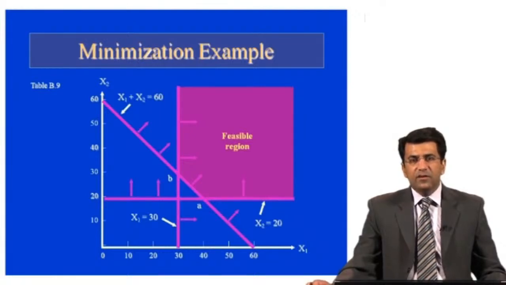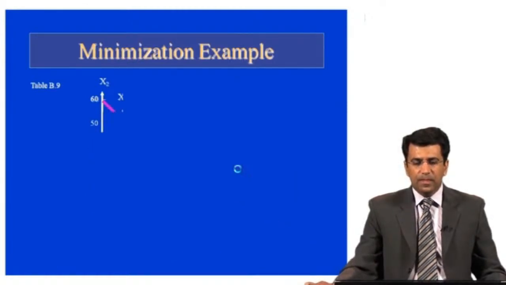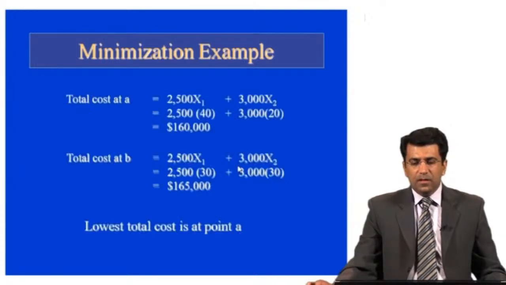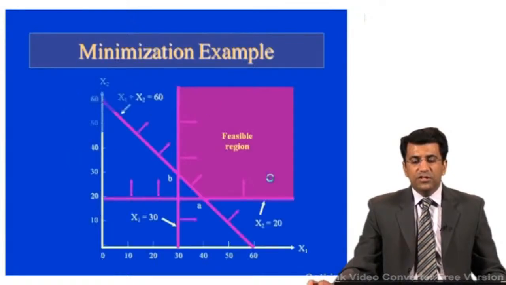And again, that cost function will tell us what the optimal point is, either A or point B. Now class, let's suppose we take point A. Now this is our cost function, that is 2500 x1 plus 3000 x2.